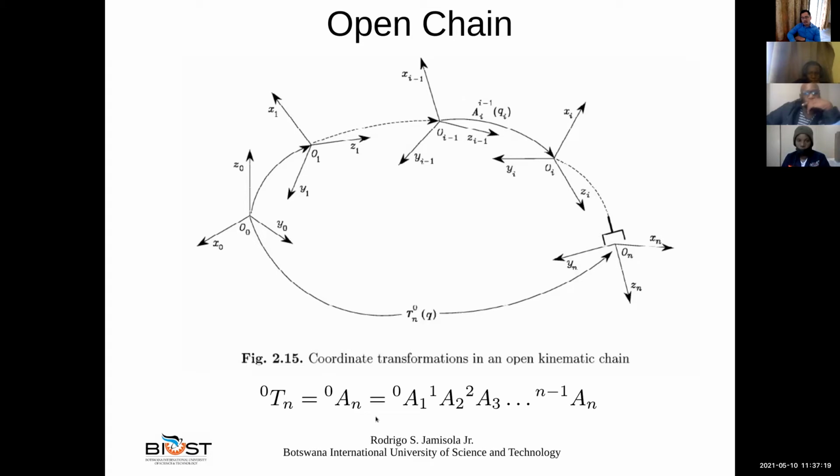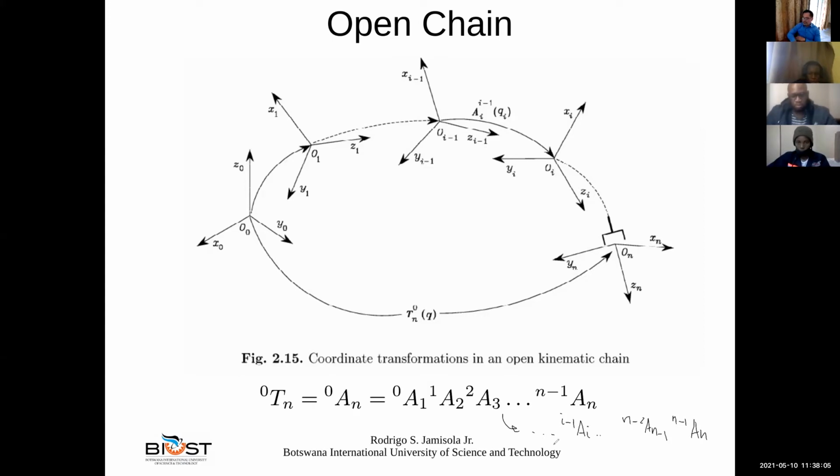And so we can have post multiplications: 0A1, 1A2, 2A3, until, here we will insert i-1Ai, until n-2A n-1, and then n-1An.